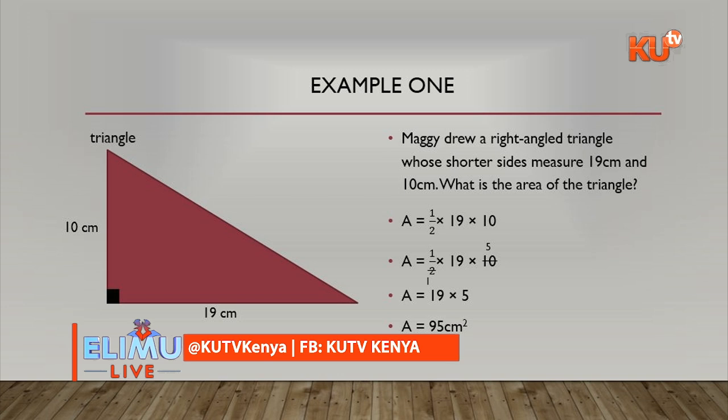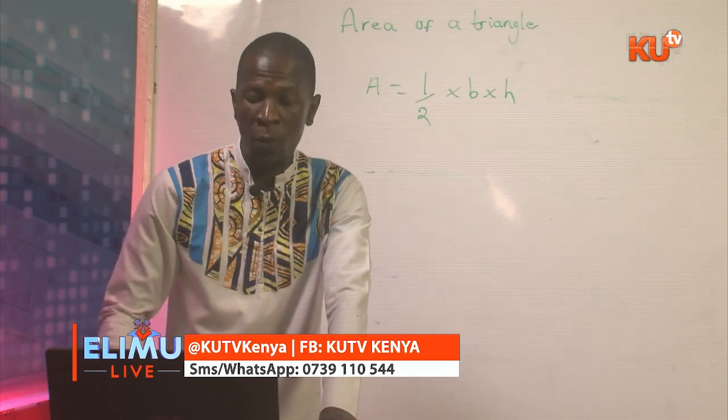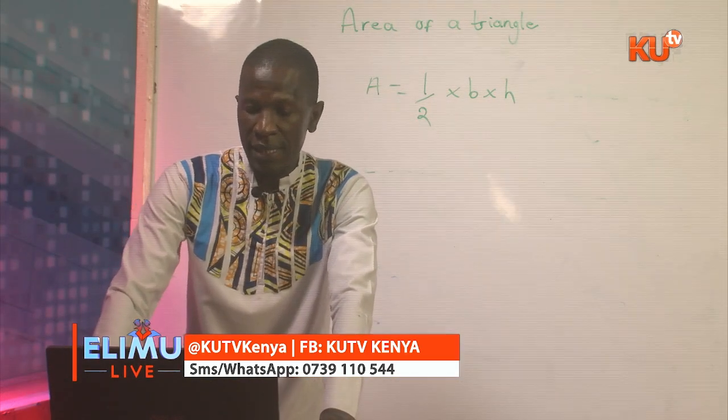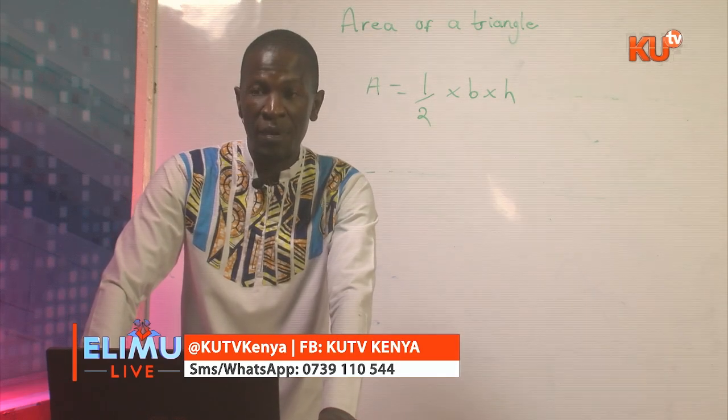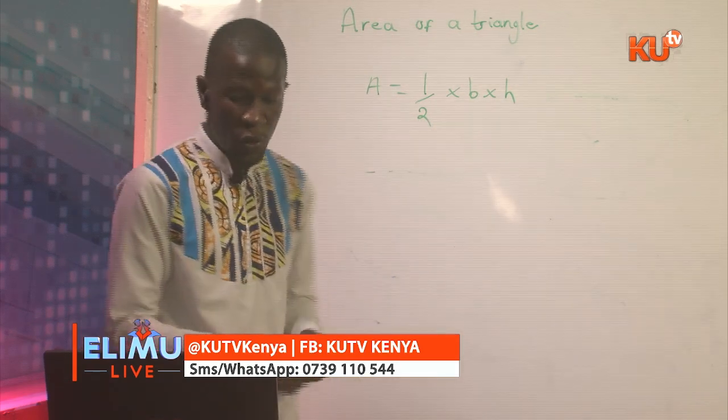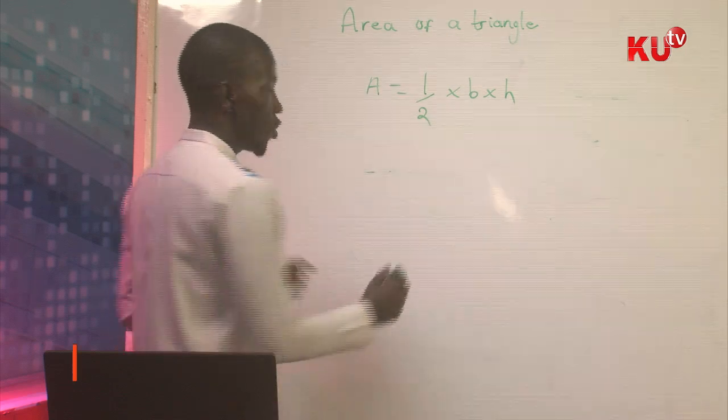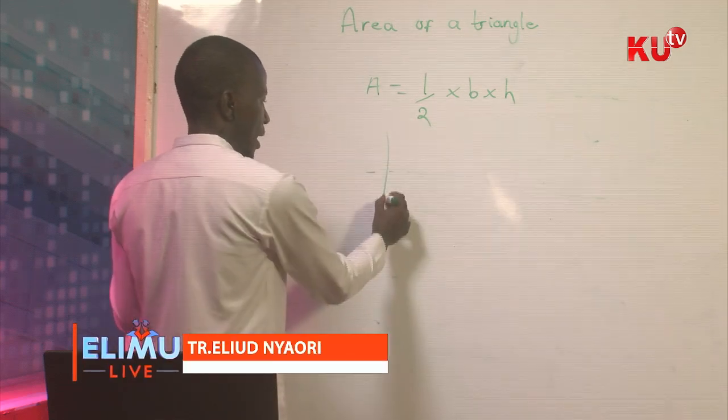What is the area of the triangle? Now, if you can follow keenly before we work it out on the whiteboard, I've started by saying area is equal to a half times base times height. So I'll draw it on the board so that you can see it clearly.